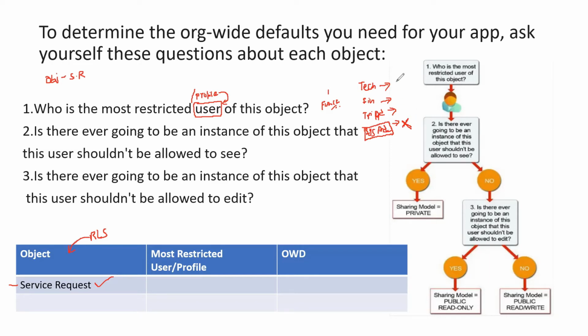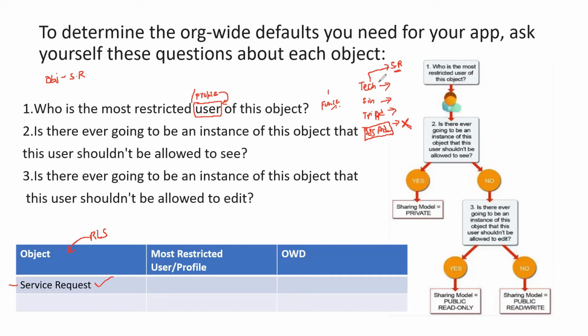Let's look at the technician as a profile. He or she would be the person attending the service request. If a user raises a concern to get a service done for an AC or a washing machine, it is a request that the technician would usually attend.